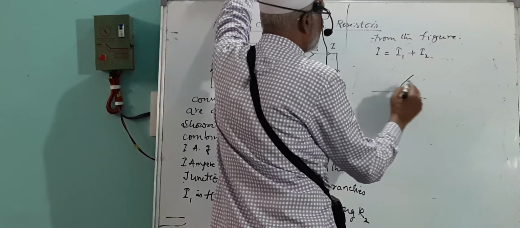Say in 1 second 100 cubic meter of water is flowing in the main canal. Then 50 cubic meter of water per second flows along, say, the A canal, and this is the B canal.